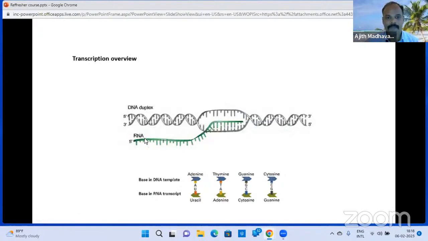One, the DNA molecule is double-stranded. It is locally opened up so that the 2 strands are separate. Only from one of the strands, an RNA molecule is synthesized. That strand is called the sense strand. The other strand is called the antisense strand.